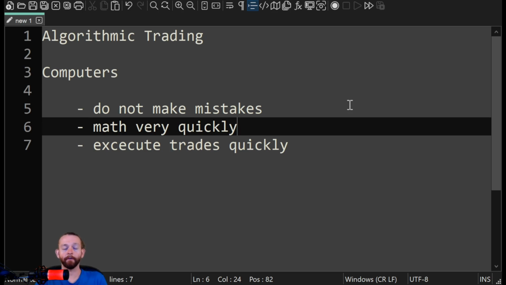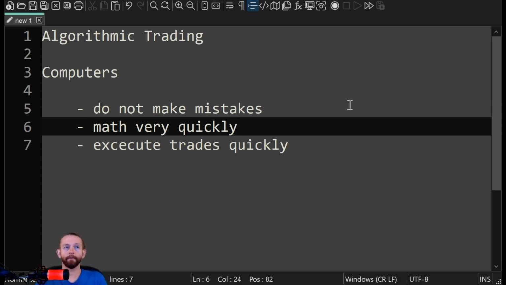They can take advantage of very brief inefficiencies in the market that we might notice, but maybe we're not quick enough to be able to take advantage of that, to think it through, type in an order, execute the order. Sometimes things just happen quicker than a human can account for and take advantage of. Machines, they can do that a lot quicker than we can.